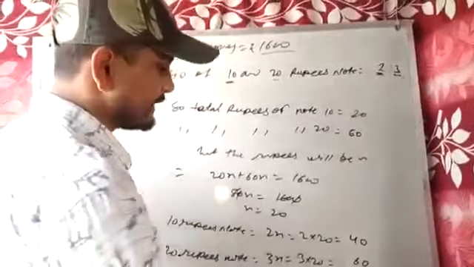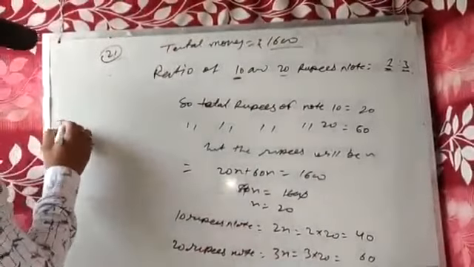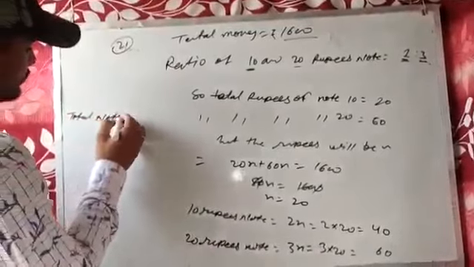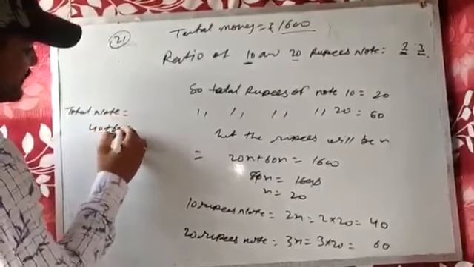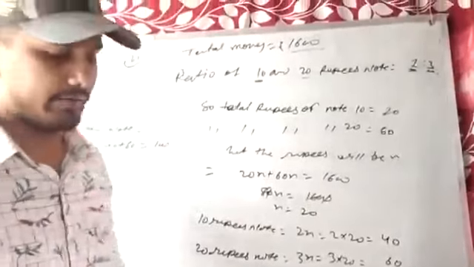So 40 notes of rupees 10 and 60 notes of rupees 20. So total notes equal to 40 plus 60 equal to 100. So the number of notes will be 100.